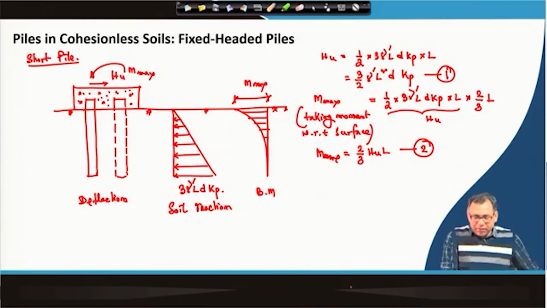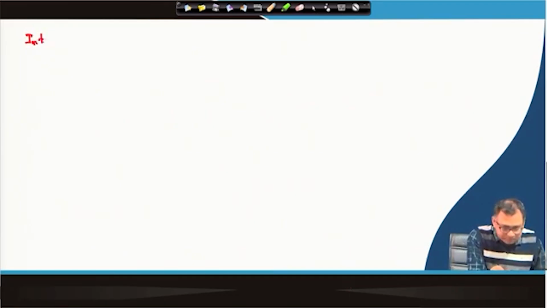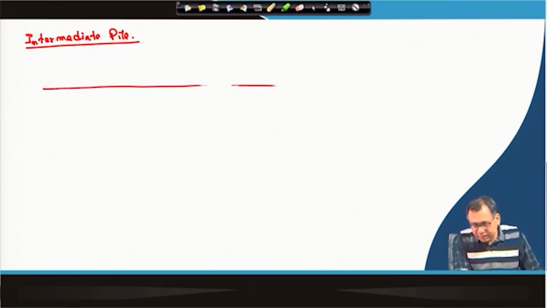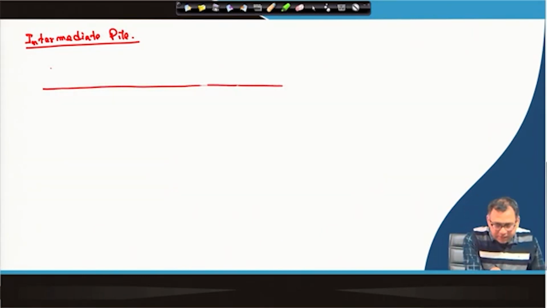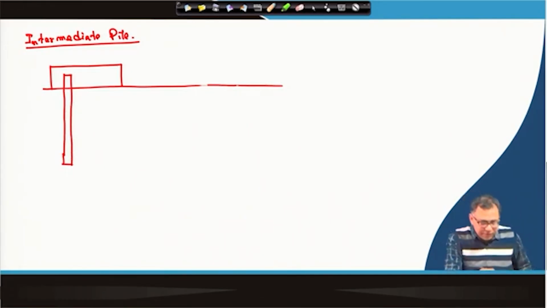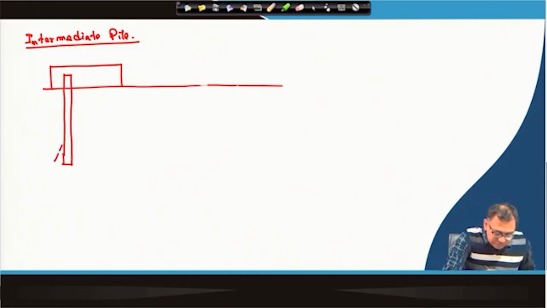Okay. Now, we will go for the intermediate pile. For the intermediate piles, again this is the ground surface, and this is the fixity, and this is the pile, and again like the cohesive soil, it will rotate with respect to a point.